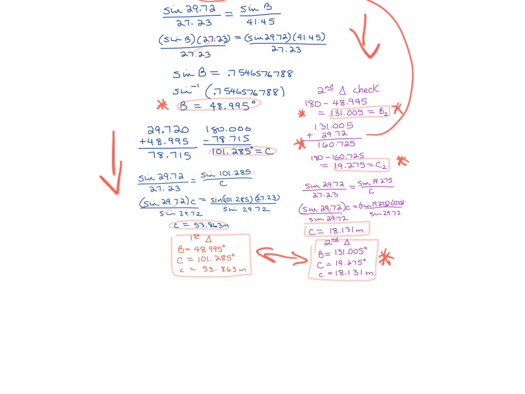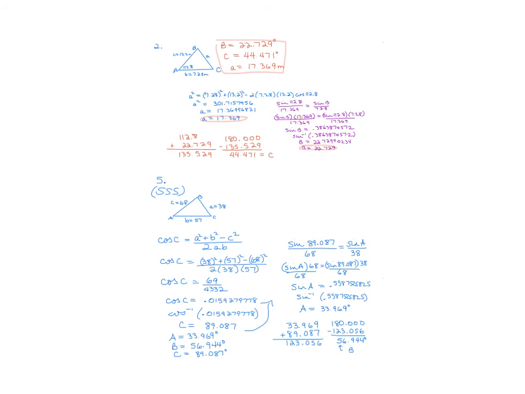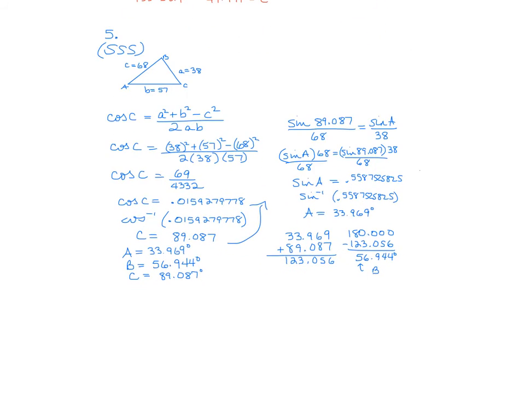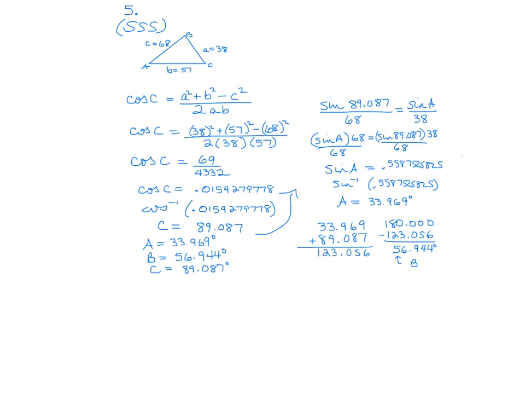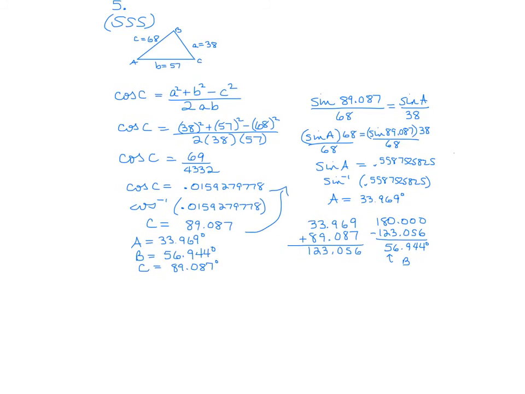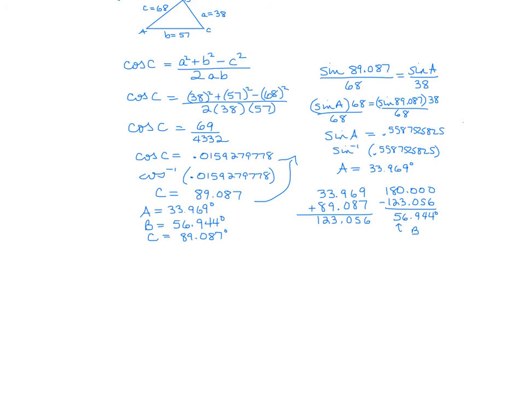Let me go back into the original. So I actually rearranged it. Does that make sense? Now, if you didn't want to do what I did, then what you would have done is c squared equals a squared plus b squared minus 2ab times cosine c.